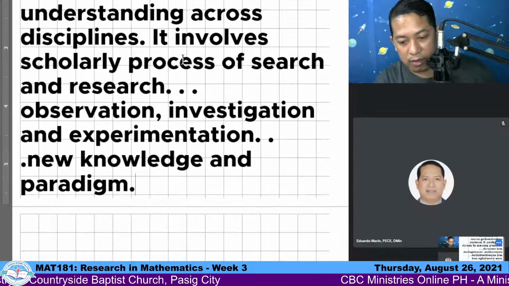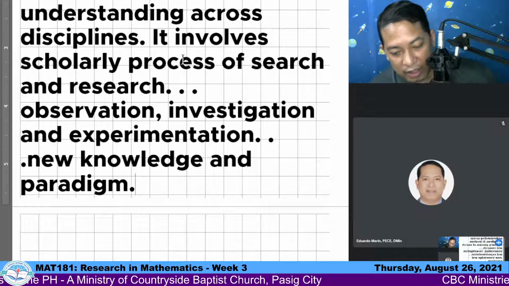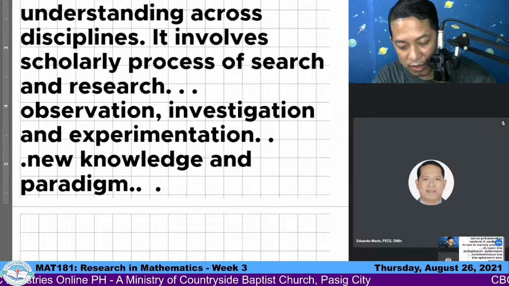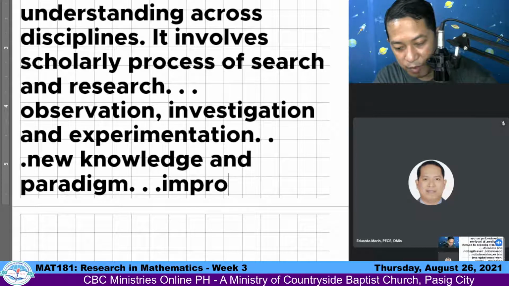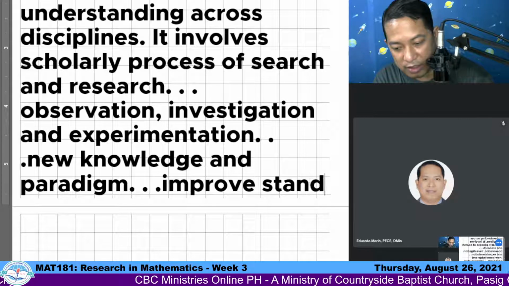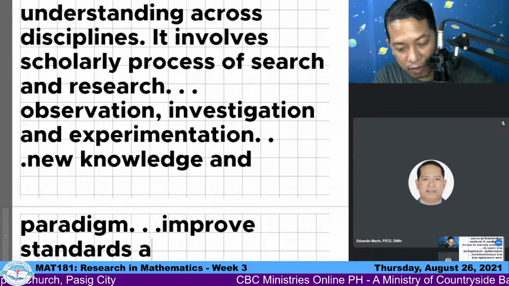Another is to improve standards, a good aspect of research, to improve the existing standards of discipline and protocols.